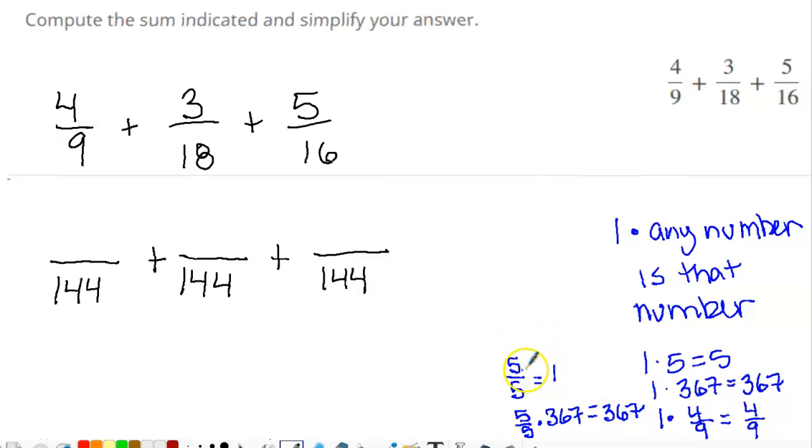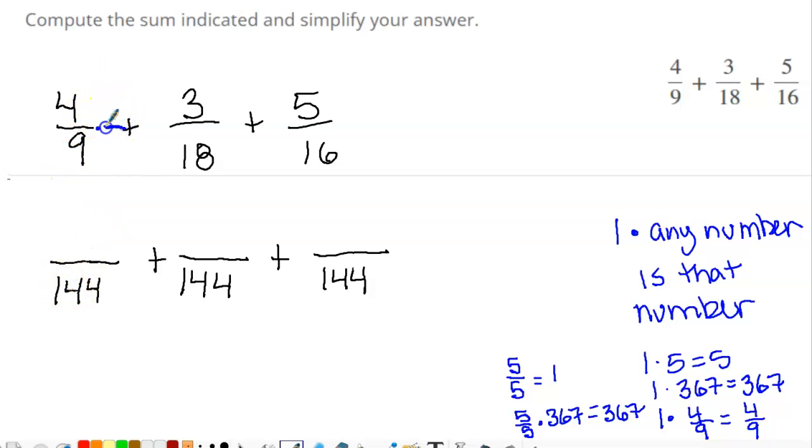Now we're going to use this rule that any number over itself is 1, and 1 times a number is that number. And we're going to say that means we can go ahead and multiply a 1, and it will not change the value of the fraction. It will, however, make it look different. And that's what we want. We want it to look like a fraction that has 144.